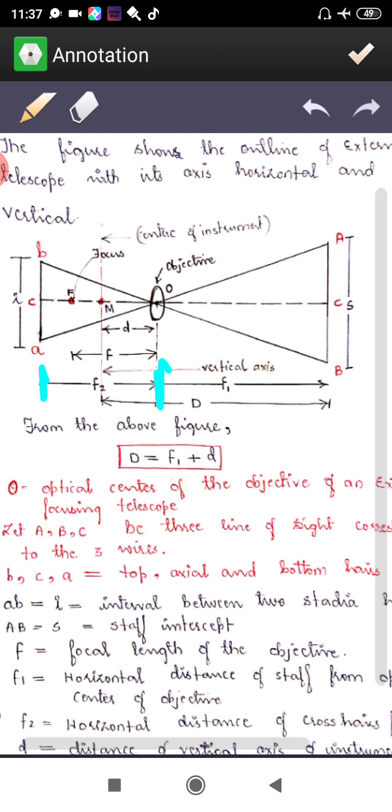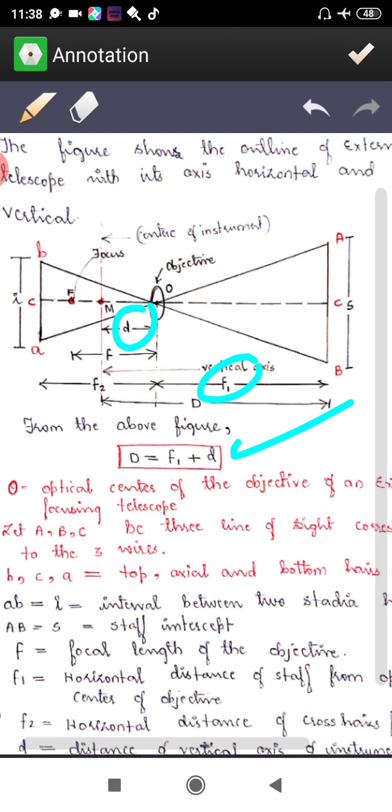And capital D, as I said, is the distance from the instrument station to the object, right? So this is going to be your D. Now how to get this D? It is very easy. This capital D is equal to F1 plus small d, right?